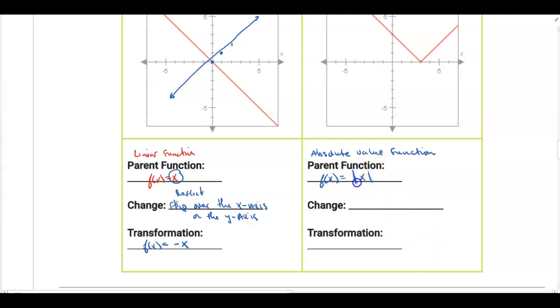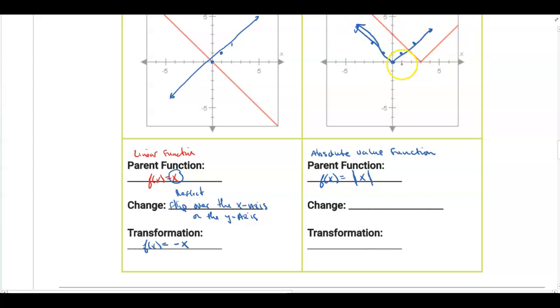So these absolute value bars, anytime you evaluate the inside, it makes it positive. So when I look at this, the parent function here would be a V shape. So (1, 1), (2, 2). Remember, the y value or output will always be positive.